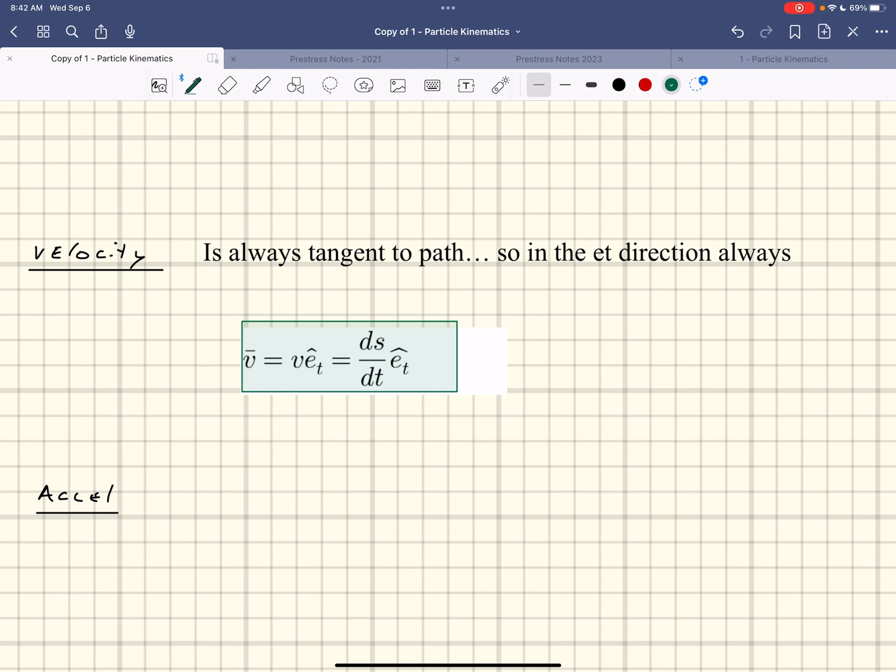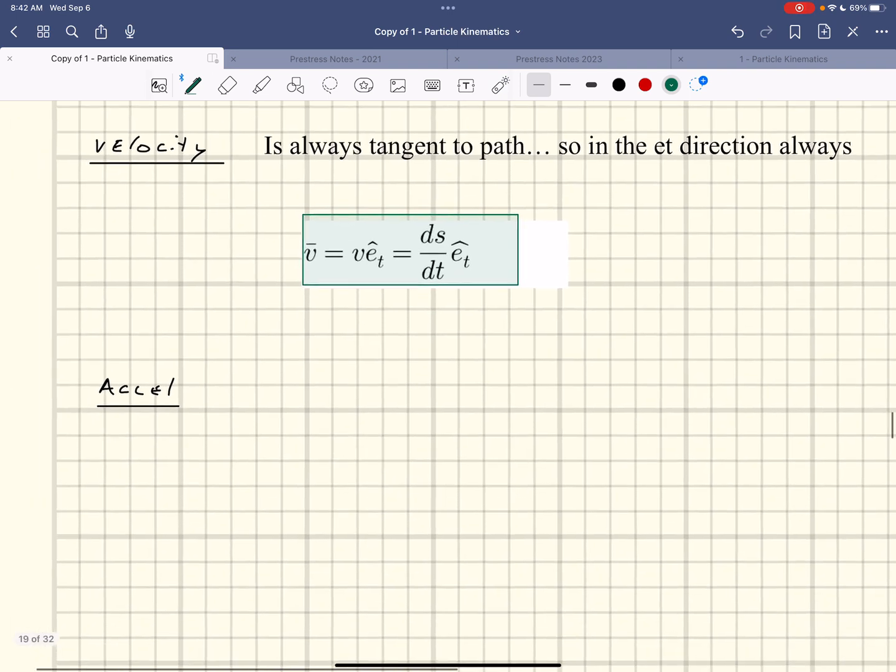Instead of writing I, J, and K, we write ET and EN, because those are base vectors. They tell us the direction that they're acting. In this case, our velocity is always in the ET direction. Sure, ET is always changing, but we'll deal with that later. But specifically in this coordinate system, this is the answer: ds dt in the ET direction.